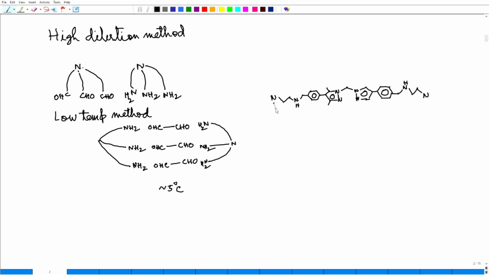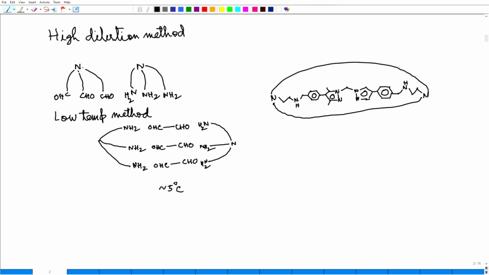I am drawing the other two bridges identical. So, I am writing like this to save time. See that? So, this is a cryptand having a very long cavity, and this you can obtain at low temperature. With this we did not use any templating metal ion, but at low temperature we used.